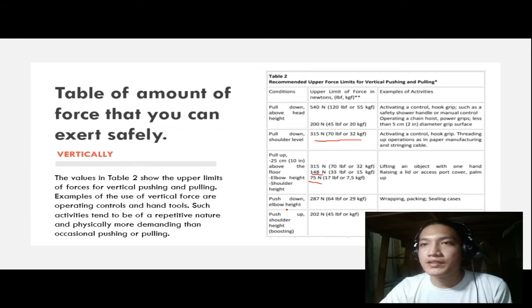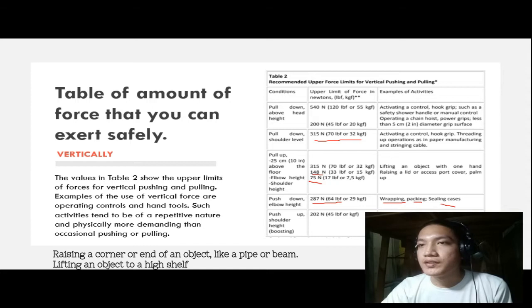Push down elbow height naman is halimbawa ang mga packing and sealing cases. Kailangan hindi ka lumampas ng 287 newtons. Yung huli naman is push up shoulder height or boosting. Doon yan is raising a corner or end of an object like a pipe or beam, lifting an object to a high shaft. Kailangan hindi ka lumampas ng 202.